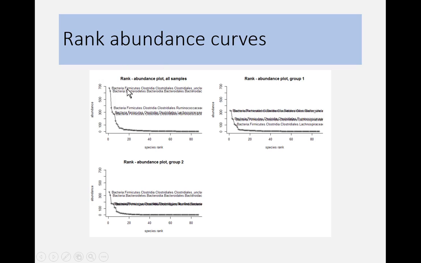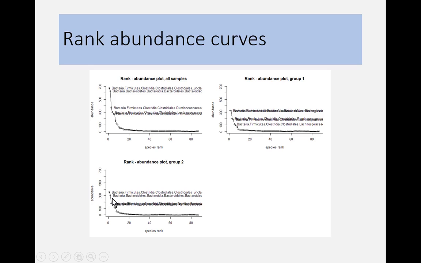Now, this is from all samples present in the dataset, but it is also split between the two groups. So here is for group 1, and here is for group 2. And now this grouping of samples comes from the phenodata column, or the group column that you filled in the phenodata. So everything that is in group 1 is plotted here, and everything that is in group 2 is plotted here.